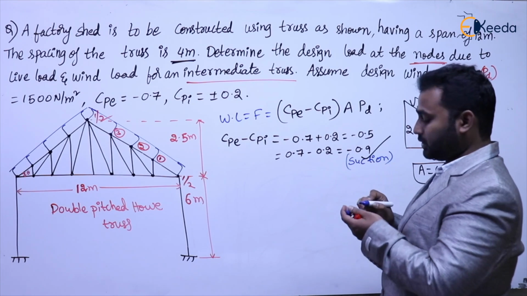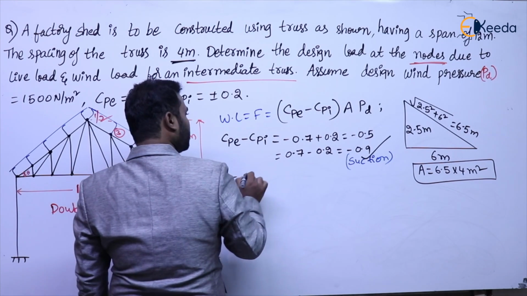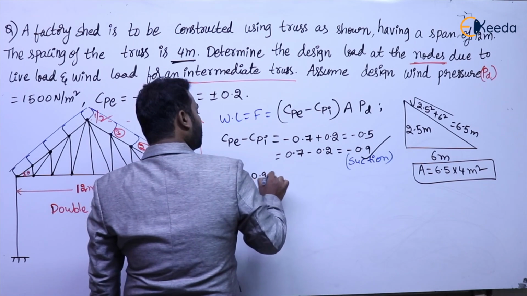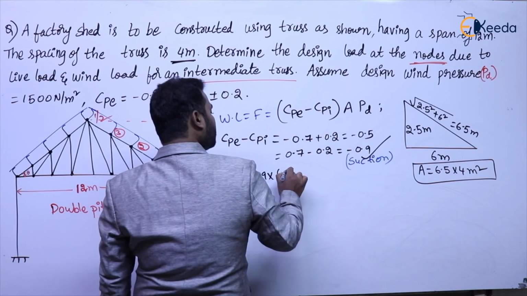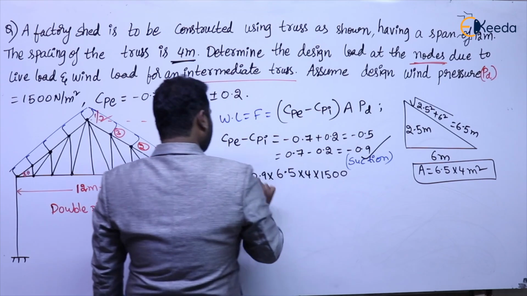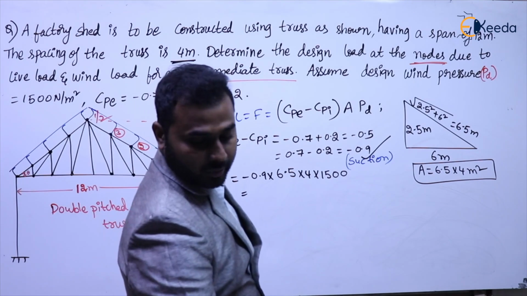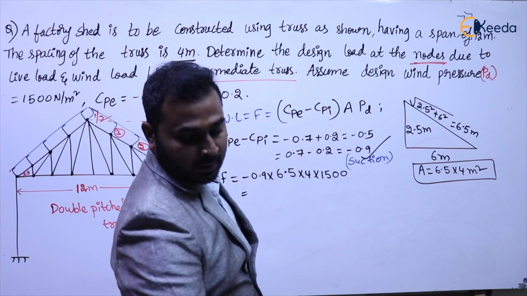Now wind load F is equal to minus 0.9 into area, which is 6.5 into 4, into 1500, right? So this is how we are going to get the wind load or wind force. How much does this come out to be?